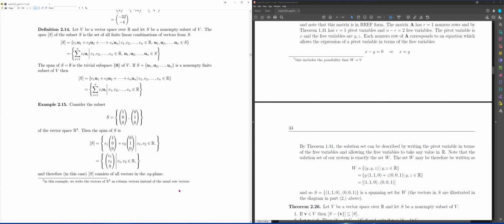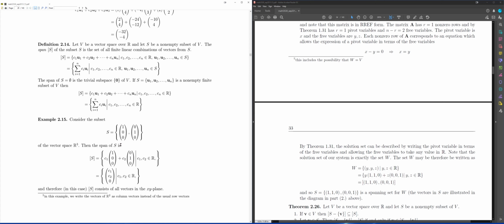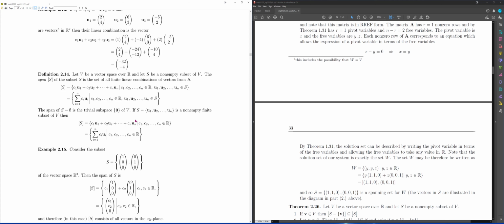When you're free to choose any y and z that you want, what you're doing is you take the span. Here you have vectors, and you're free to choose any C1 and C2 that you want. So I'm taking the span of the vectors 1, 1, 0 and 0, 0, 1.